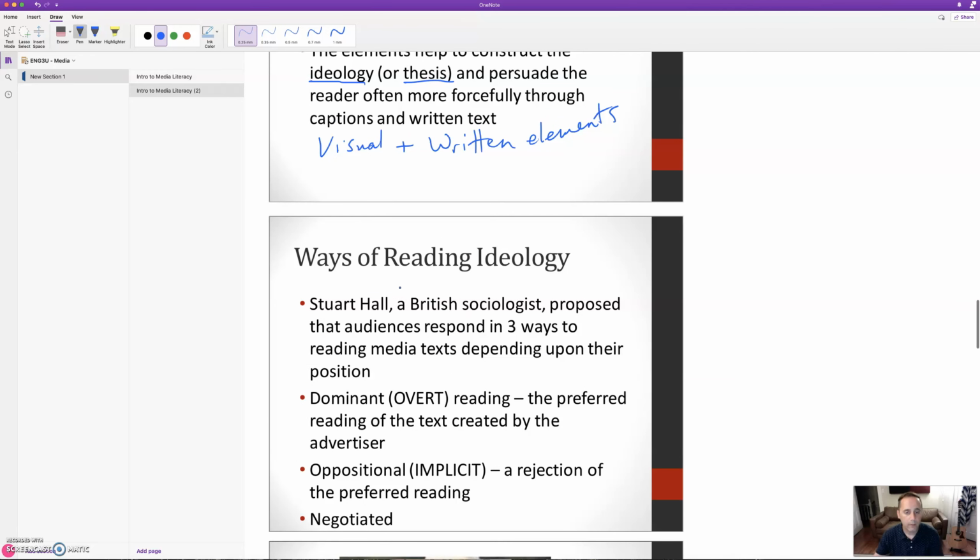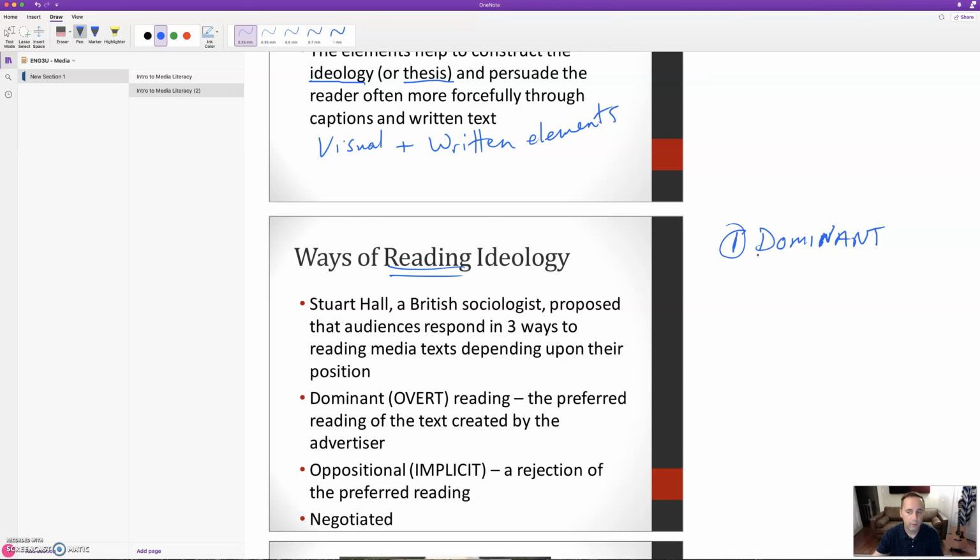Alright, so the ways of reading the ideology we mentioned already, and the theory comes from Stuart Hall, who was a British sociologist. He proposed that audiences respond in 3 ways to reading media text, depending on their position. So the first one is the dominant reading.